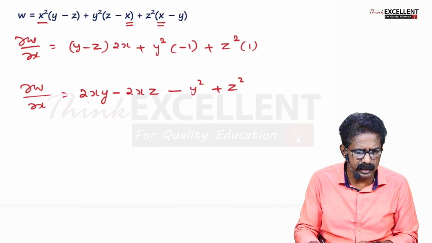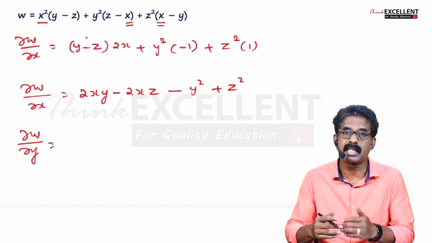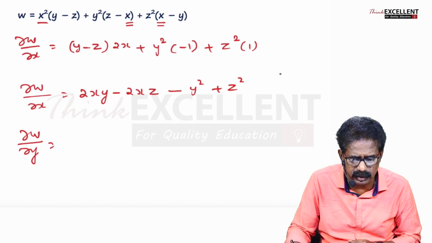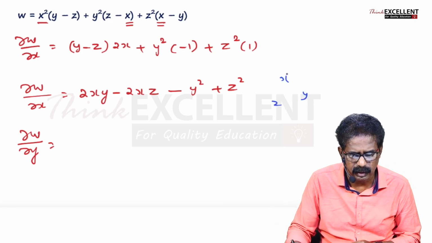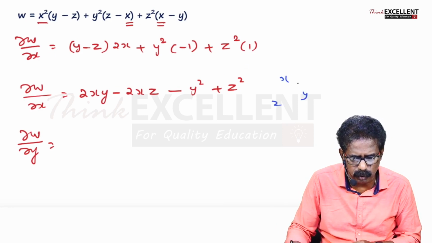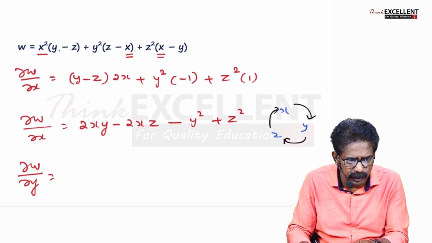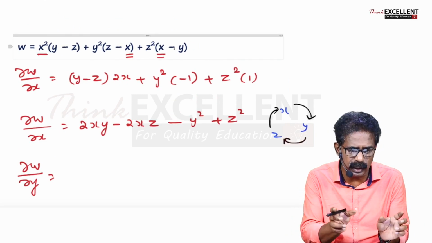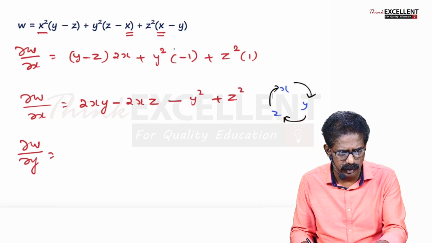Similarly, you can write the other two. We want dou w by dou y. What do you do now? That x, y, z cyclically you change. Instead of x, you put y, and y you replace by z, and z you replace by x. Because in the question, if you replace like that, there won't be any change. Only the term's position will change, but it remains same.